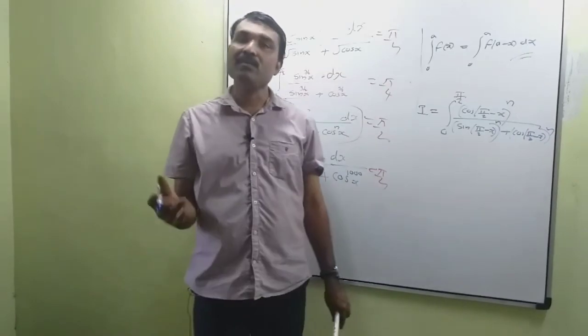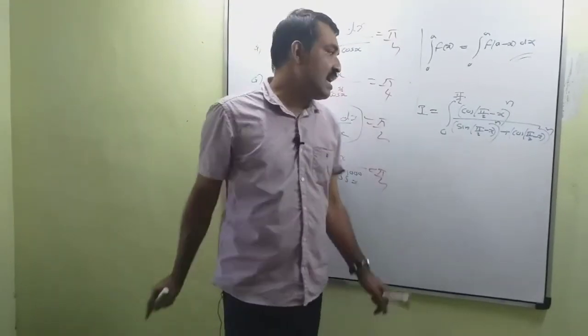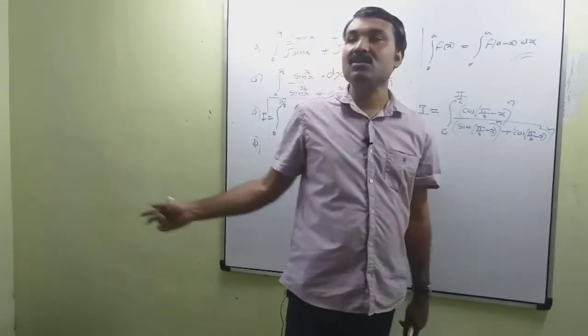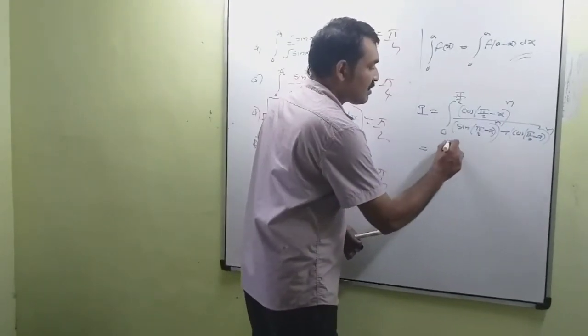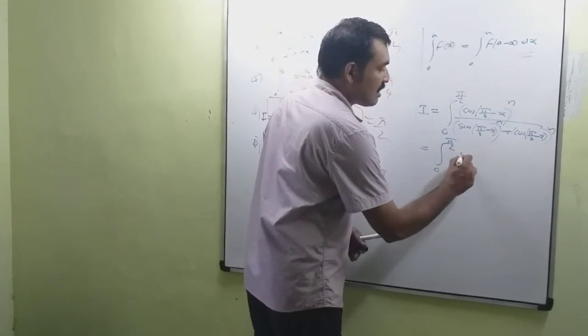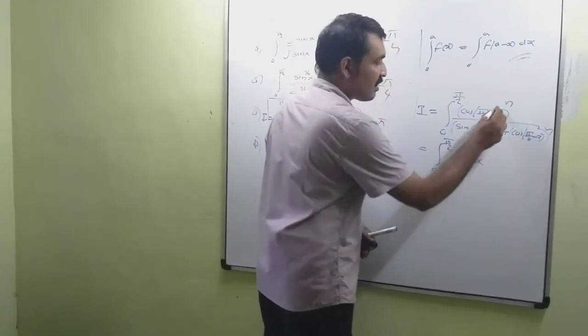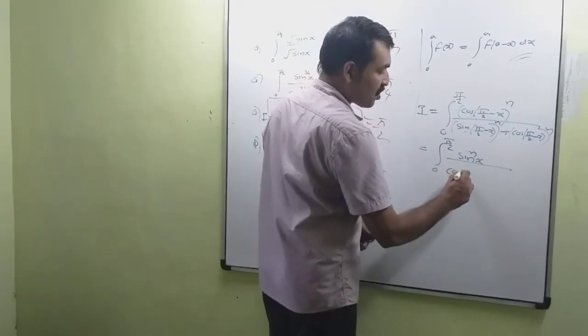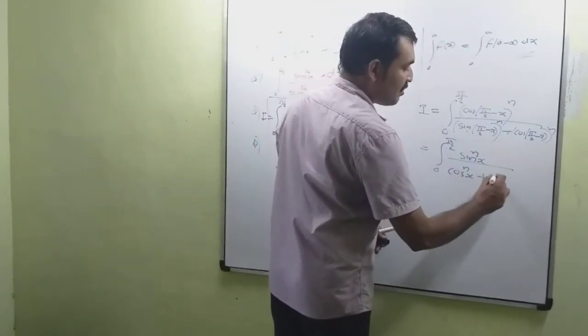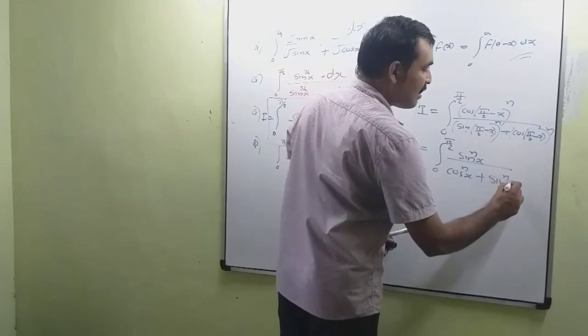And cos of pi by 2 minus x is equal to sin x, and sin of pi by 2 minus x is equal to cos x. So I will get this is equal to integral 0 to pi by 2 sin raised to n x divided by cos raised to n x plus sin raised to n x.